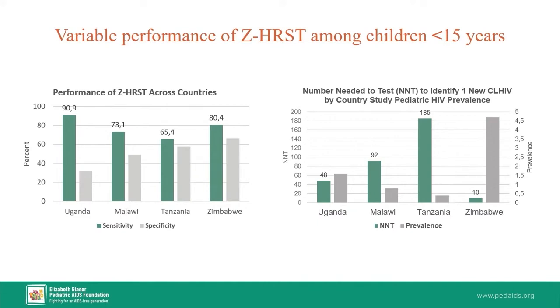And again, we can see the difference in the specificity between the countries. The graph on the right shows you the number needed to test, which was much lower in Uganda, a little more in Malawi, and a very high number needed to test in Tanzania.